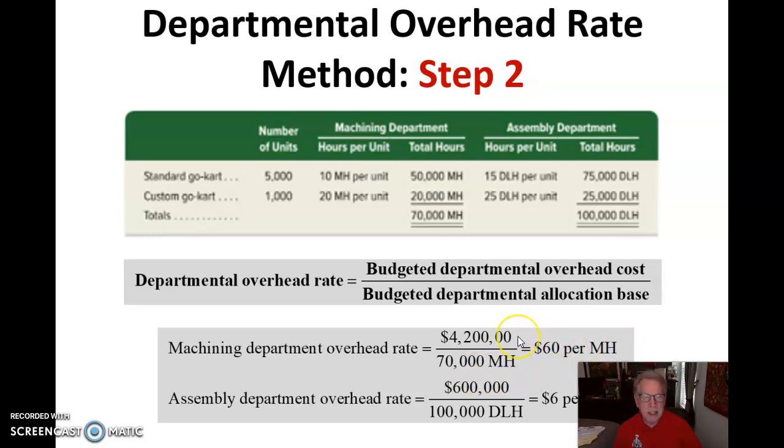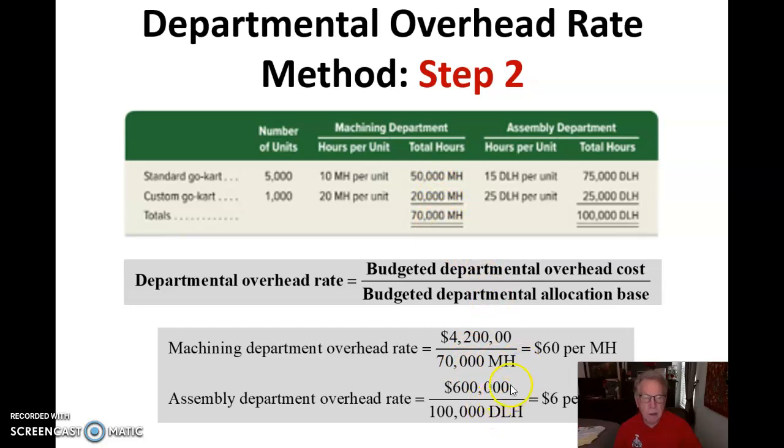We get that by taking the 4.2 million divided by 70,000 estimated machine hours here. And so we're going to multiply that through, and we get total number of hours in the machining department, which we show here at 70,000.